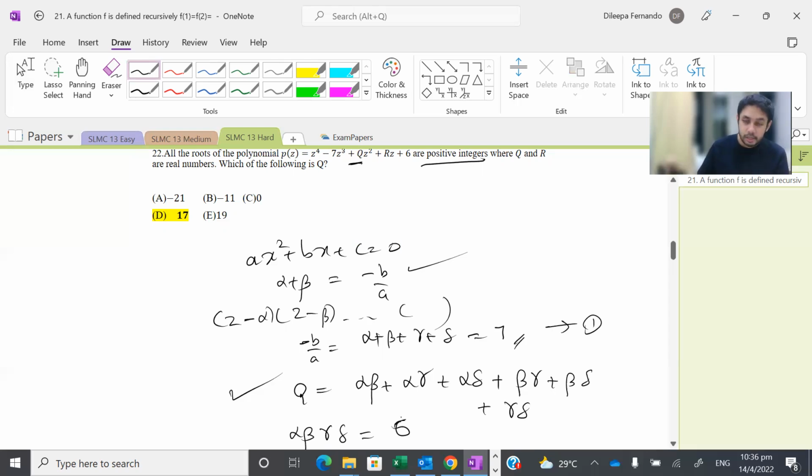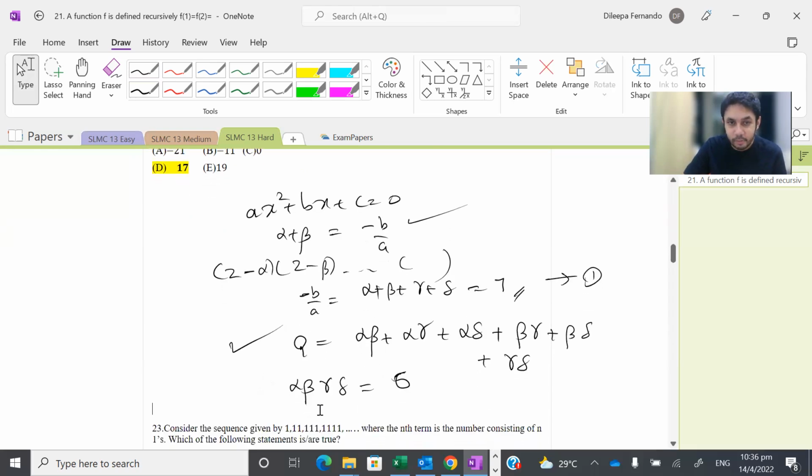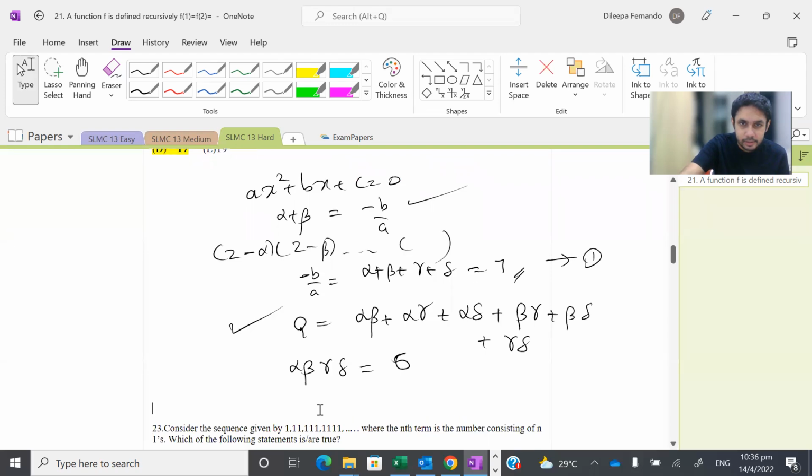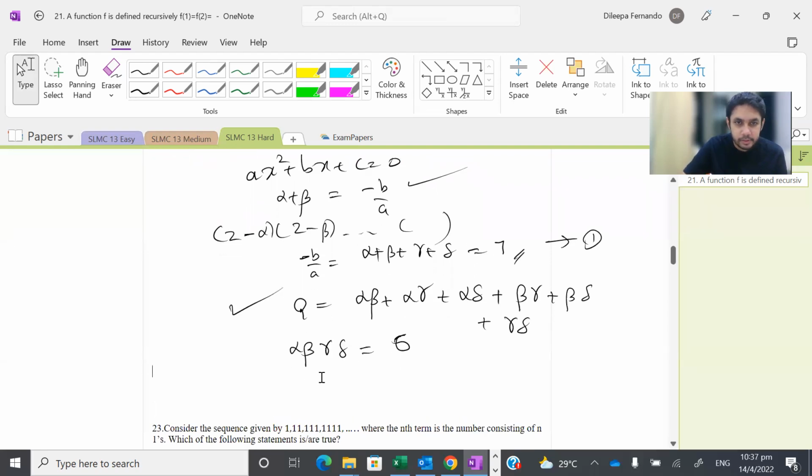Okay. Now, if this was a real equation from the real numbers, this is not so straightforward to solve. But since these are positive integers, we can check the possible values for alpha, beta, gamma, delta. So since they are positive integers, they should be factors of 6. There can be 2 ways that you can write factors of 6.